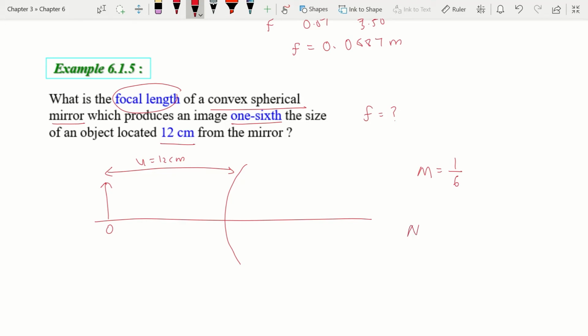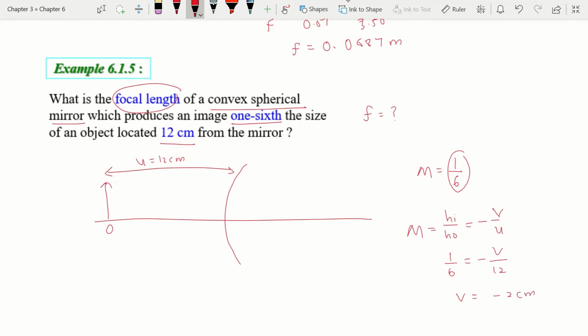So how can we look for the focal length? We can use this formula: magnification equals height of image divided by height of object, equals negative image distance divided by object distance. We don't know our height of image and height of object, but we do know our magnification and our object distance. So negative v over u, and our u is 12, so we will get an image distance of negative 2 cm.